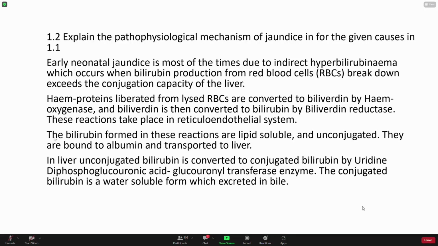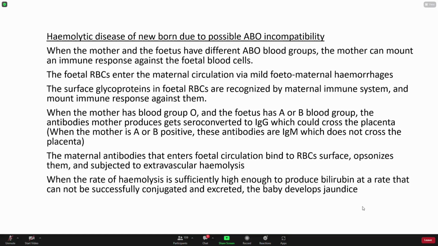So I would give the initiation like this, then I would jump into the first one, hemolytic disease of the newborn due to possible ABO incompatibility. So you can say what is happening there: when the mother and the fetus have different ABO blood groups, the mother can mount an immune response, or you can say the mother can be sensitized against the fetal blood cells.